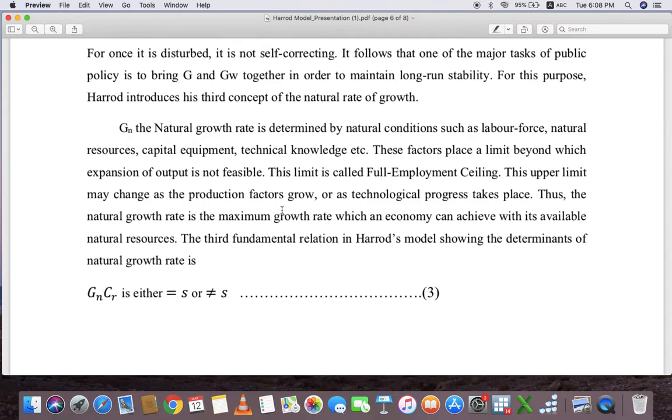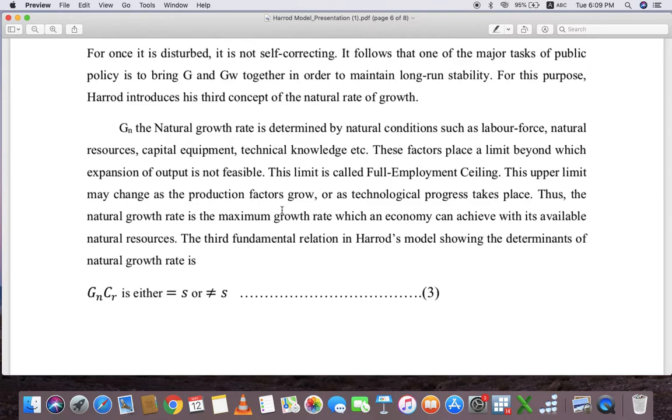So, this limit is called full employment ceiling, that is up to the point where all these natural factors are fully employed, the production can be increased, and beyond that production cannot be increased. So, this is the ceiling and this is called full employment ceiling. This upper limit may change as the production factors grow or technical progress takes place.